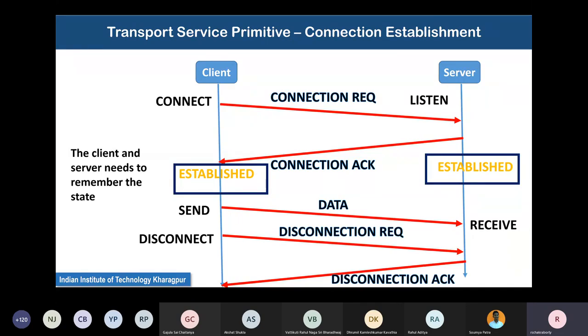There is no legal guarantee. The post office tries its best, but there is no legal guarantee. Whereas if you register the letter, or do speed post, then there is a way to track how far it has reached. If it cannot be delivered to the receiver, it will be sent back to the sender.